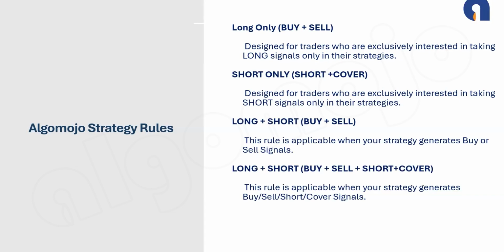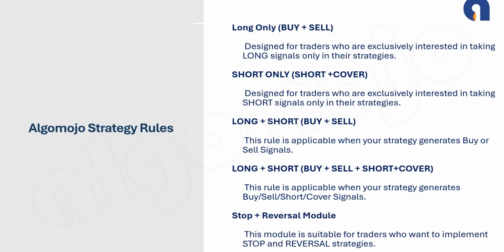Buy, sell, short, cover, typically used in Amibroker kind of environment because TradingView generates normally buy and sell kind of signals. However, Amibroker has got a facility to short and cover also as signals to be provided. So for Amibroker users, we would recommend the fourth kind of rule, depending on the strategy. And there's something called a stop and reversal kind of mode.